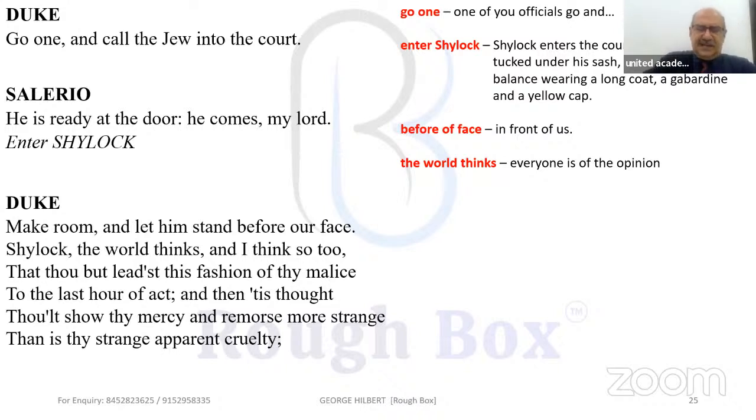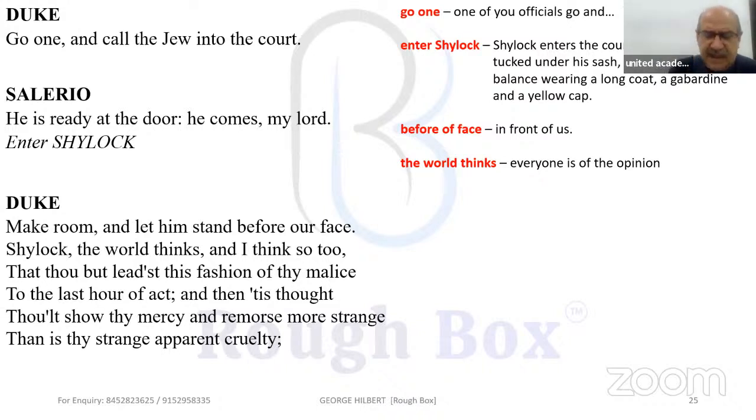He has a thick belt around his waist, his sash, and inside the sash, he is carrying his bond and a dagger. And he also carries with him the weighing balance, okay, to weigh the pound of flesh. So he might have been quite a sight to watch in the court. And everybody would have been terrified at his sight. And he enters in this manner.